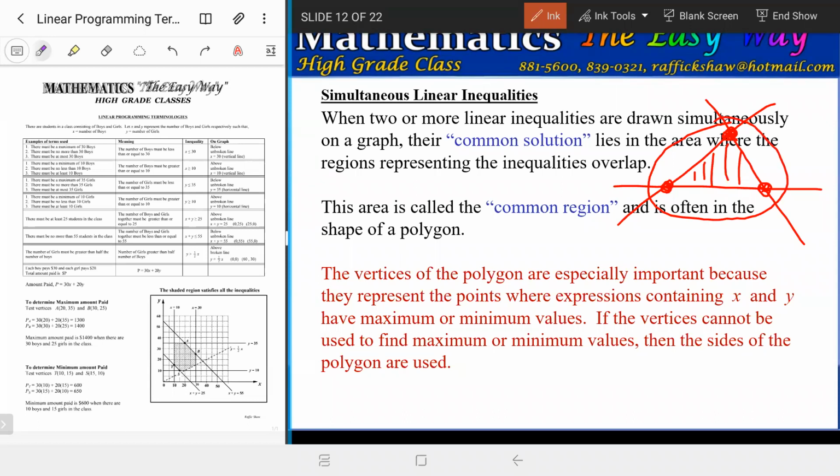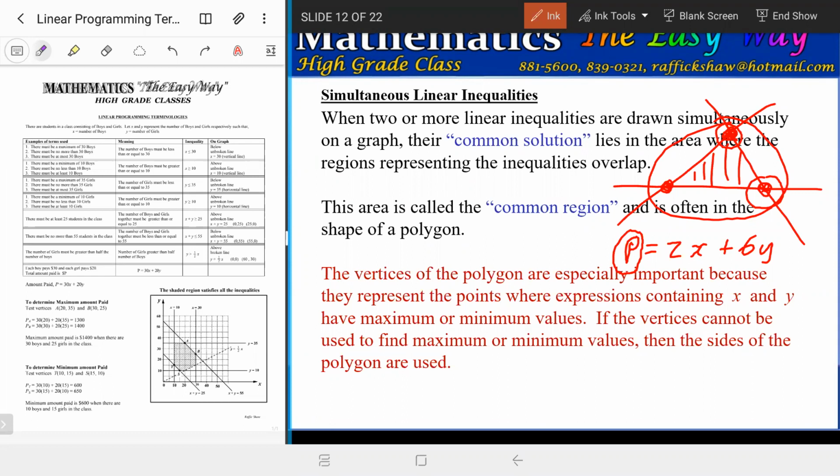The points where the x and y values have a maximum or minimum. Therefore, if you want to find some function, some formula, for example profit P equals 2x plus 6y, and you want to find where the profit value, the P, is maximum, then you would use the values of one of these vertices.